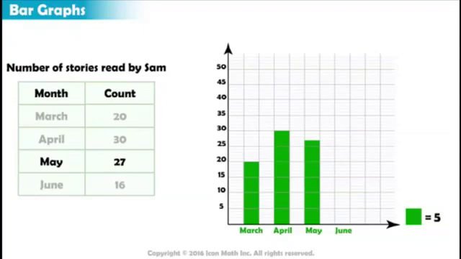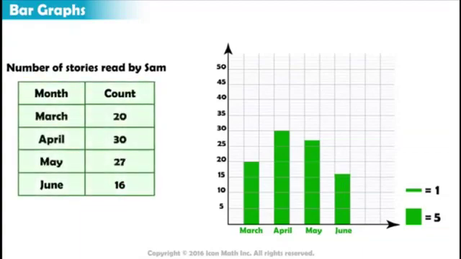Since our graph changed, we have to change the key. Now we are counting in parts of 1, so we write that a part equals a count of 1. Finally, in June, Sam read 16 stories. So we go up 3 squares. Then we add another part to get to 16. And we're done. Good job!